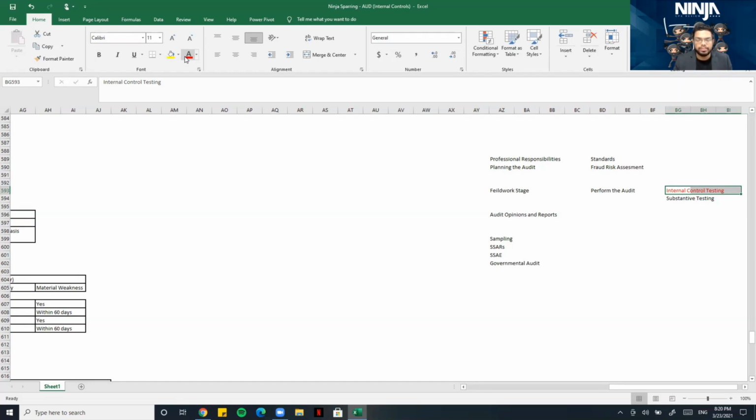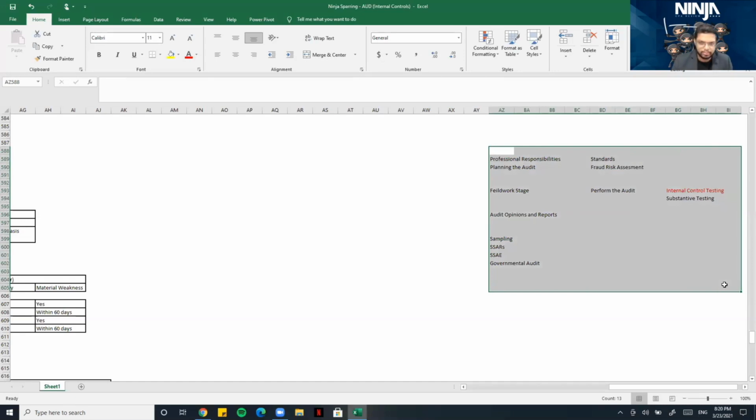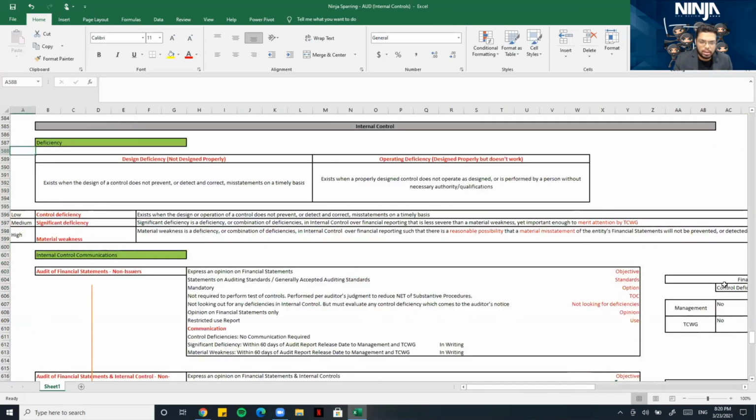Is that clear? Now, it's very important to understand the entire audit flow, entire audit cycle, so that it makes sense to us.